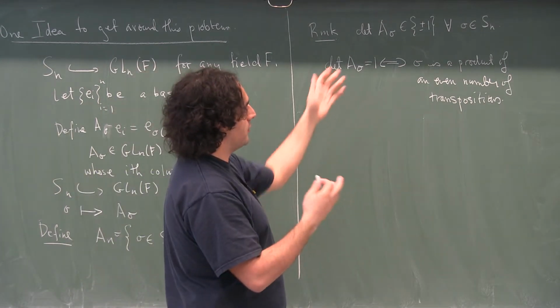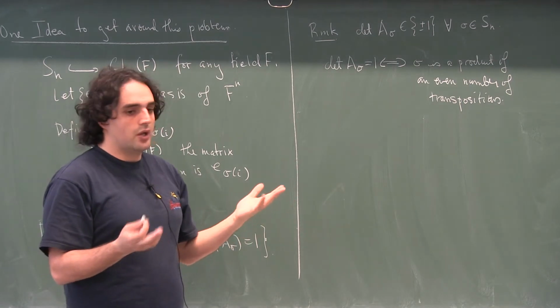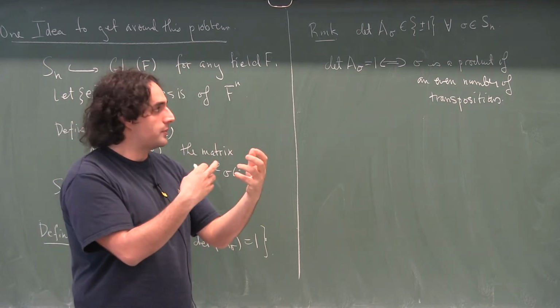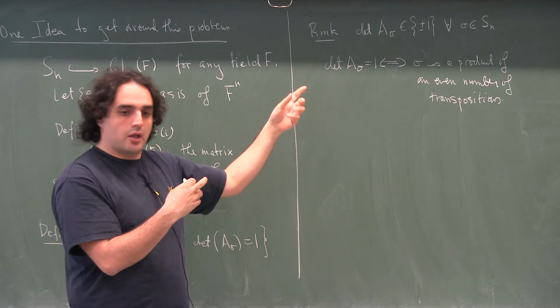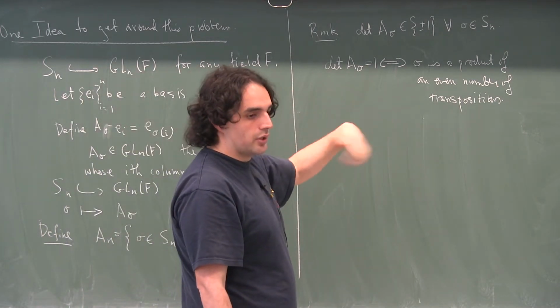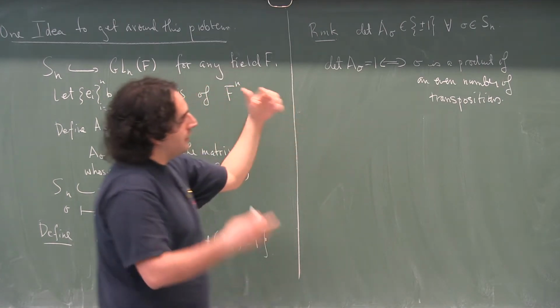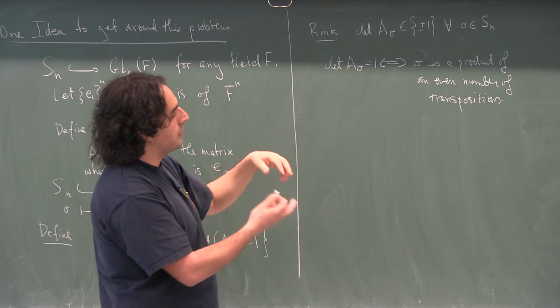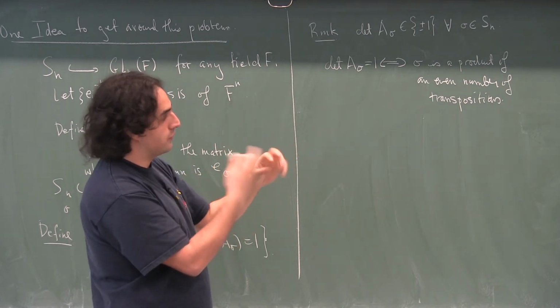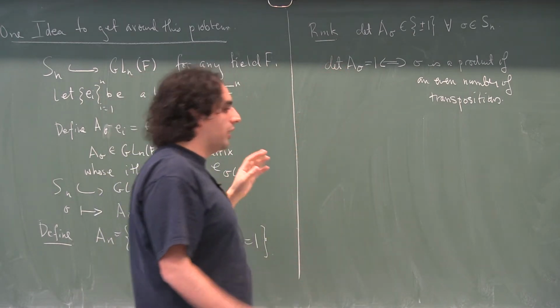So if, for example, I write sigma as a product of an odd number of transpositions, that means I make an odd number of swaps of the columns and I get to A_sigma. But then by what we know in linear algebra, the determinant is a product of -1 an odd number of times. So it's -1. If sigma is a product of an even number of transpositions, I make an even number of swaps. But we know the determinant is well defined.